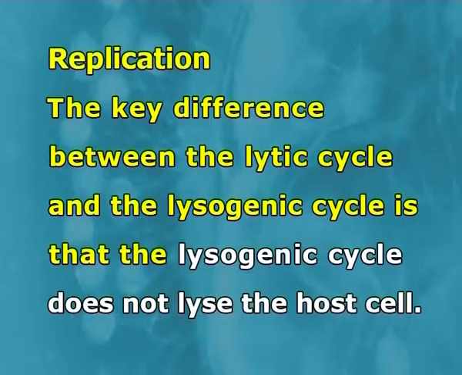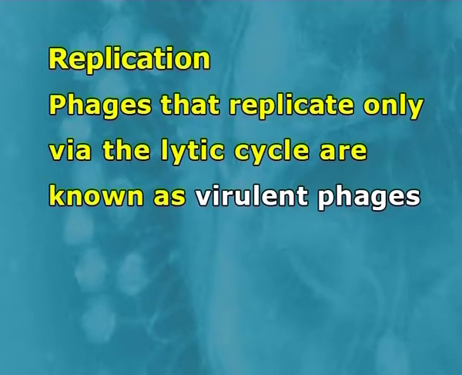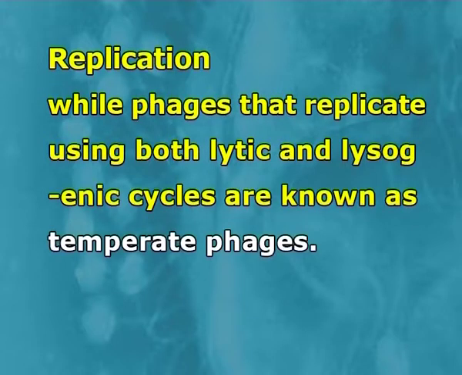The key difference between the lytic cycle and the lysogenic cycle is that the lysogenic cycle does not lyse the host cell. Phages that replicate only via the lytic cycle are known as virulent phages, while phages that replicate using both lytic and lysogenic cycles are known as temperate phages.